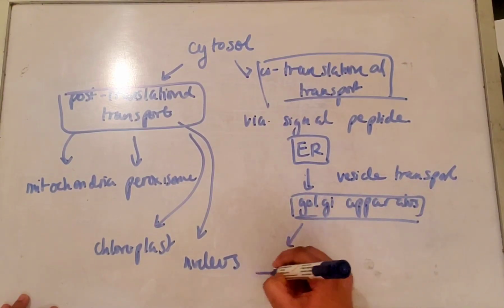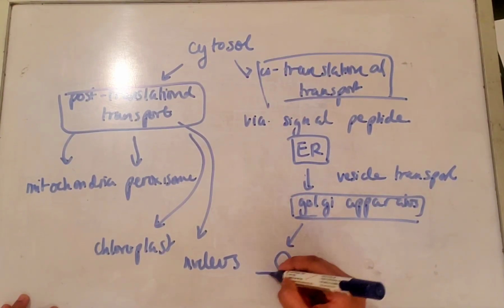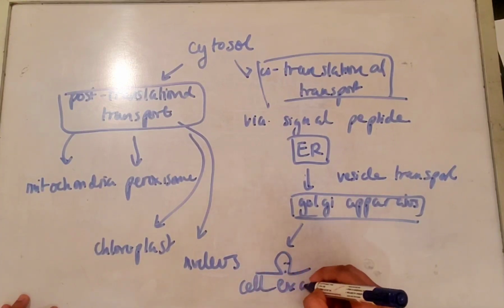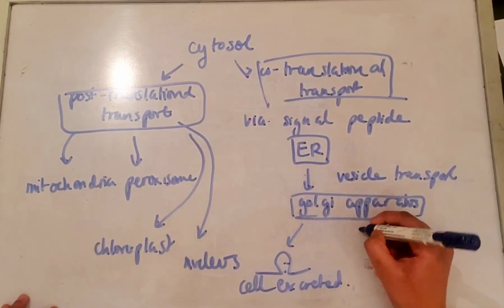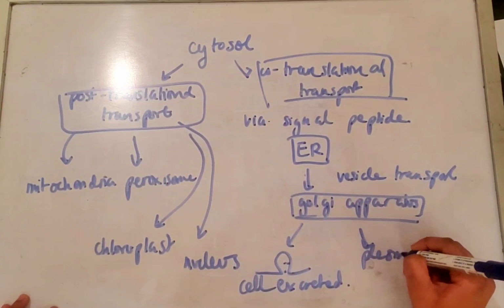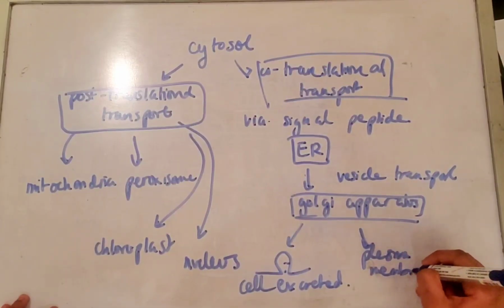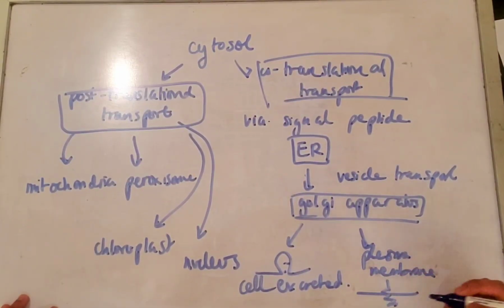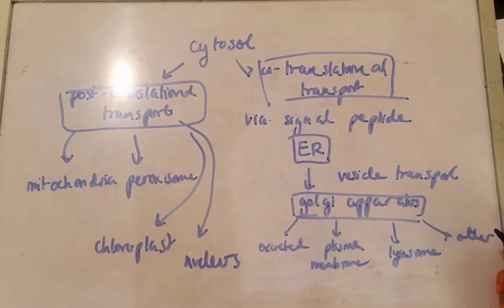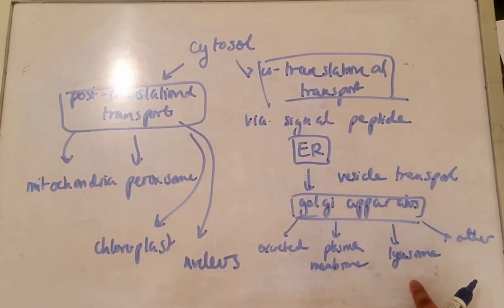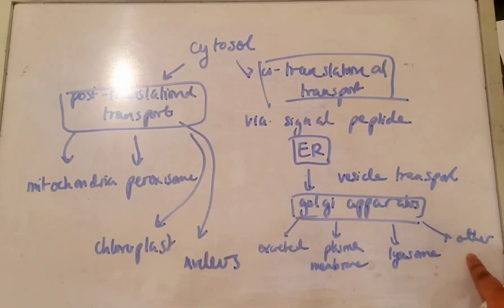It can be excreted, so it can be exocytosed. Plasma membrane, so it can be part of the membrane, embedded within it. I'm actually running out of space, I'm going to write this elsewhere. And it can be sent to the lysosome or to the other parts of the endomembrane system.